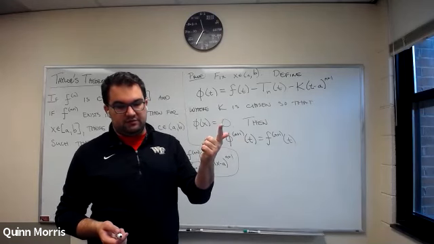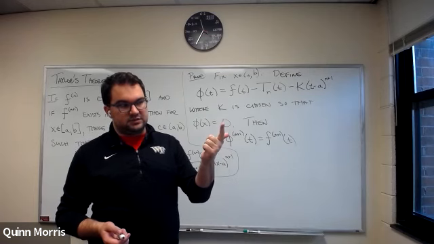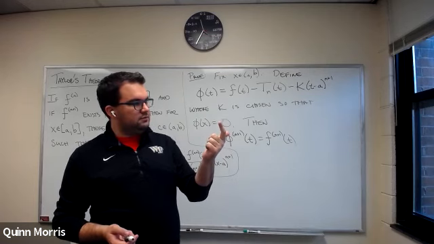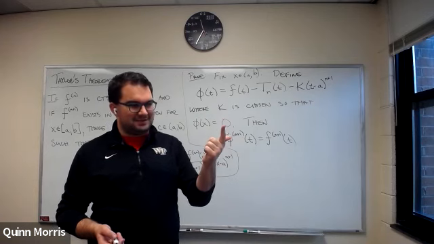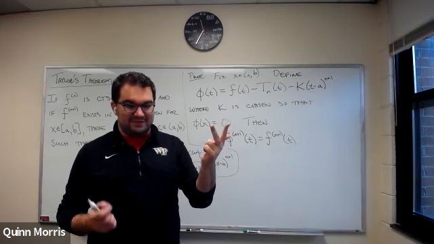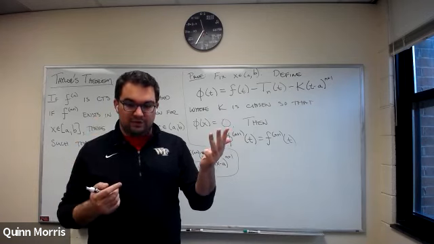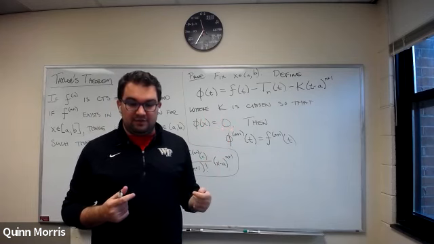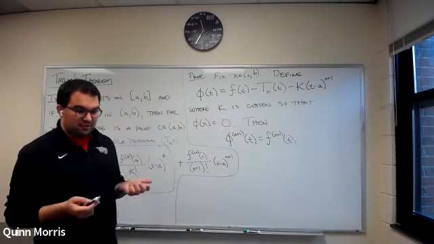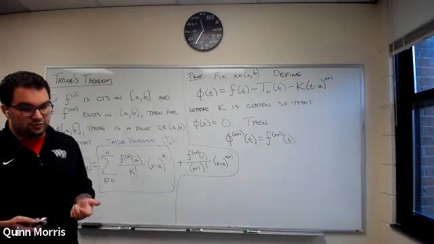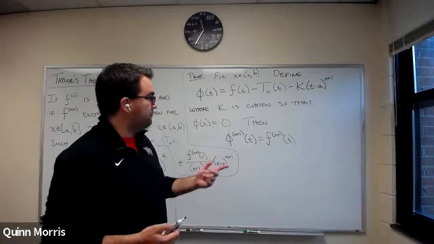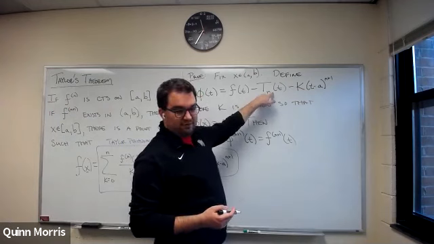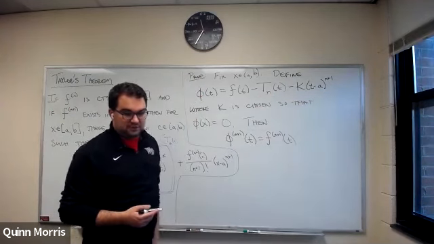The second derivative is 6x. The third derivative is 6, and the fourth derivative is 0. This is true in general: if I take n plus 1 derivatives of a polynomial of degree n, I'm going to get 0. So the n plus first derivative of this Taylor polynomial of degree n is just 0.